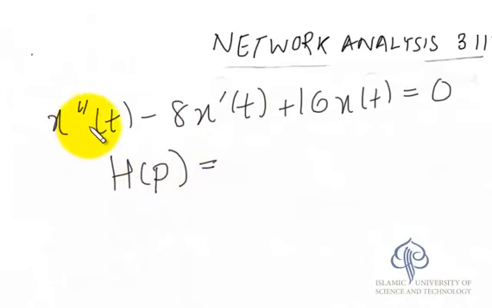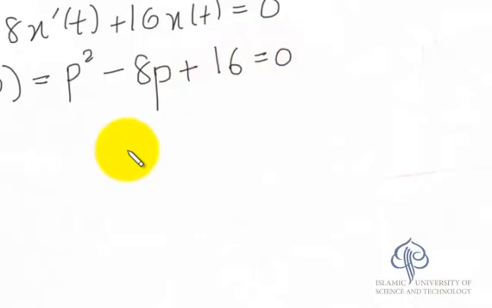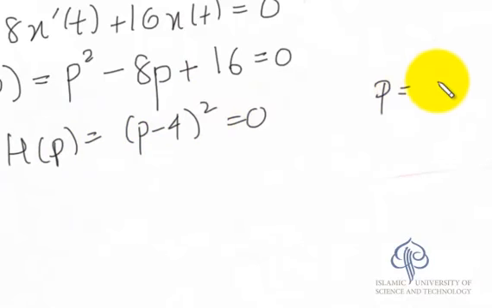This is a degree 2 differential, so p square minus 8p, written straight away, plus 16 is equal to 0. This can be factorized as (p minus 4) whole square is equal to 0. So there are two roots, both real, both at 4.